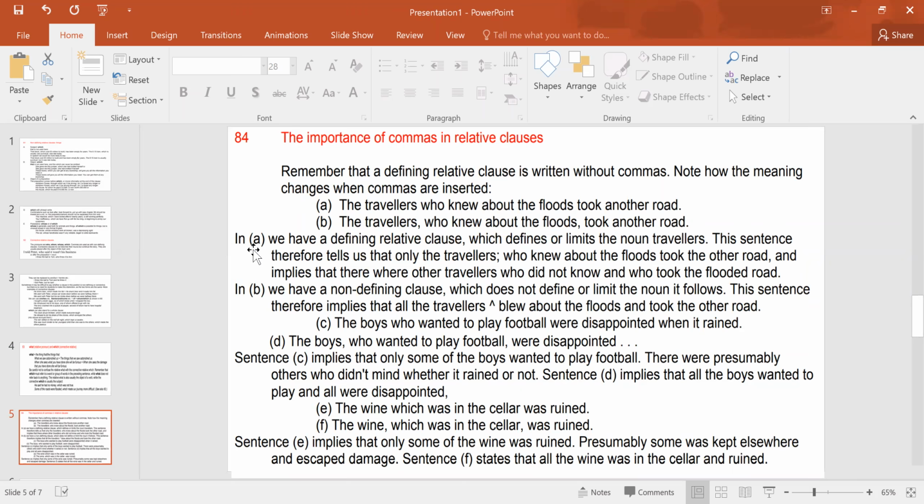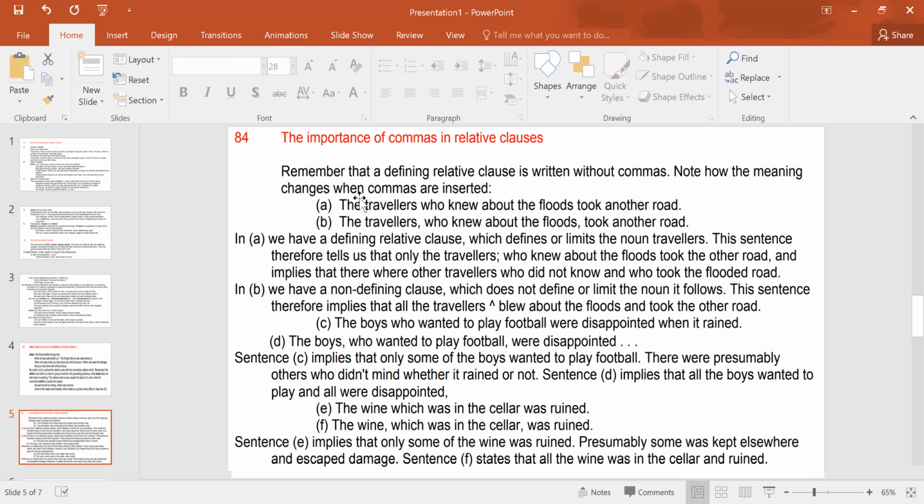What's the difference? In A, we have a defining relative clause. This is the first kind of relative clause, which defines or limits the noun travelers. So this clause only tells us about the travelers, because it defines the noun.